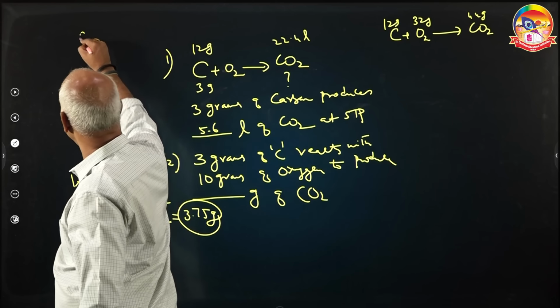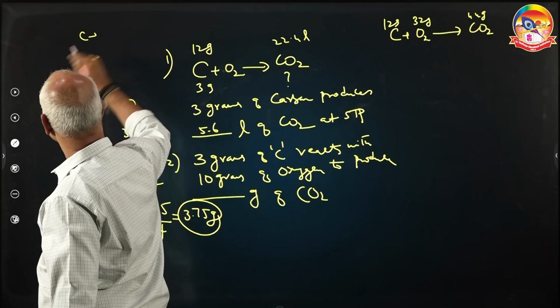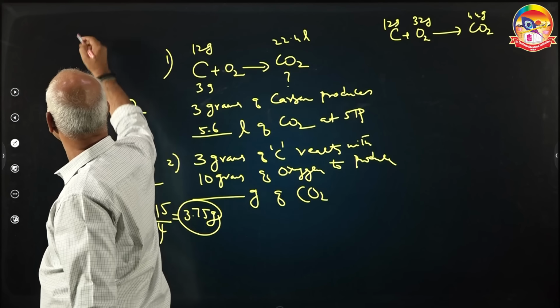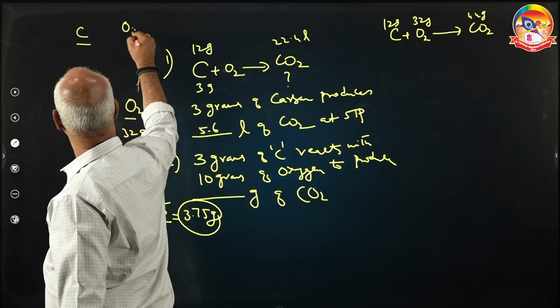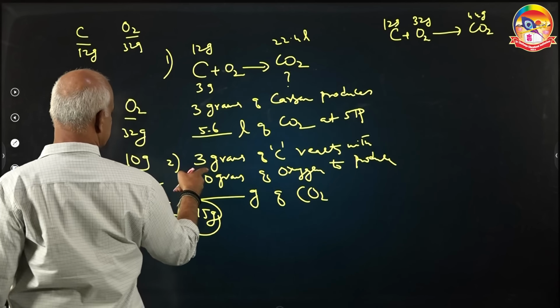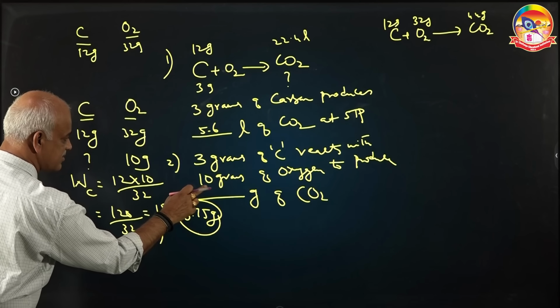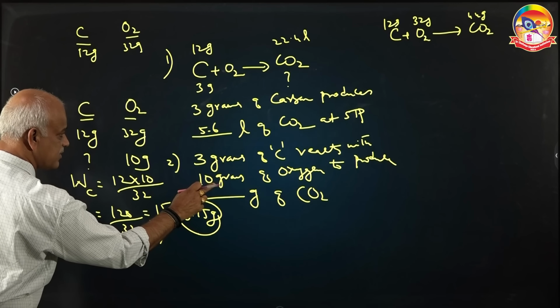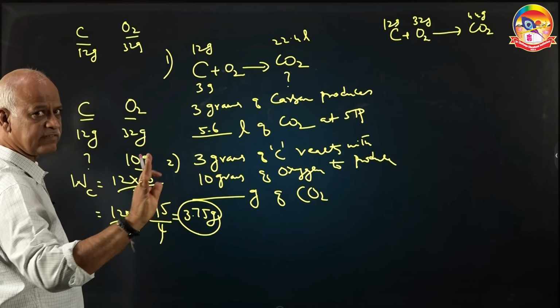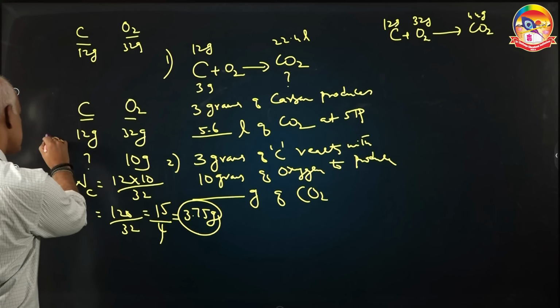The other way around. See, CO2, 12 grams, 32. Previously I started with the 10 grams. For this 10 grams of oxygen to completely react, we require 3.75 grams, which is not there with us. So we stopped there, this is not correct.